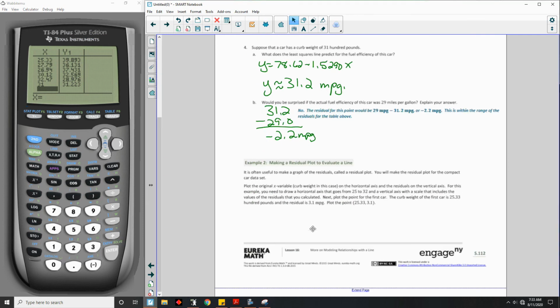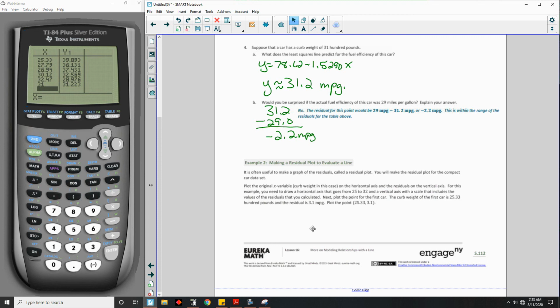All right, example 2. Making a residual plot to evaluate a line. It is often useful to make a graph of the residuals, called a residual plot. Okay, so this is new. You'll make the residual plot for the compact car data set. Plot the original x variable, curb weight in this case, on the horizontal axis, and the residuals on the vertical axis.